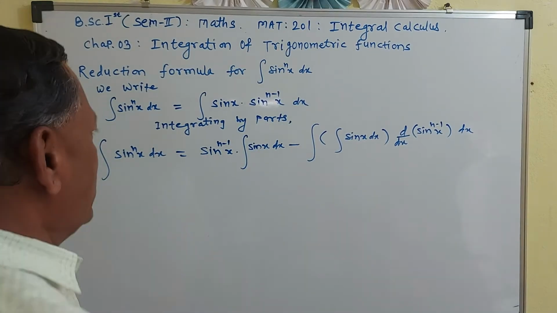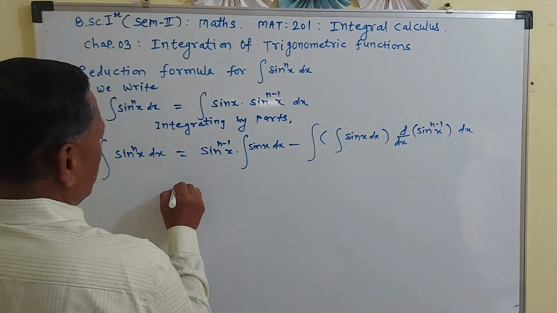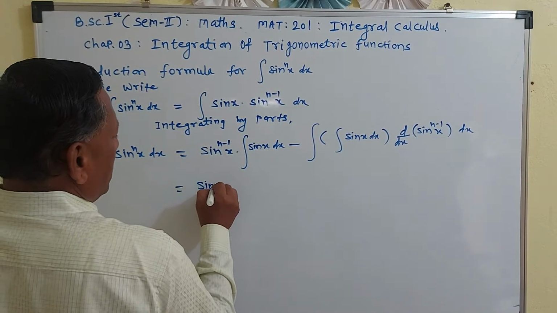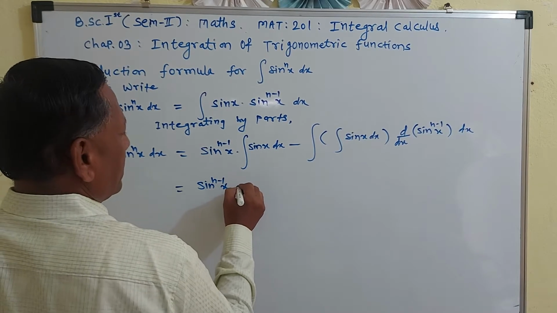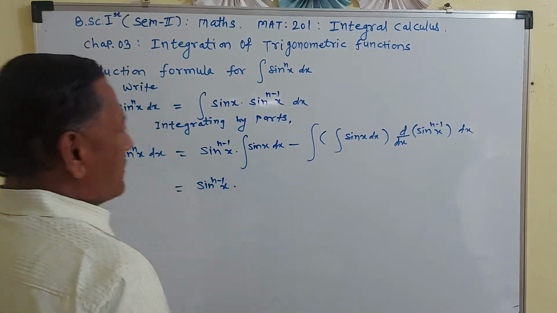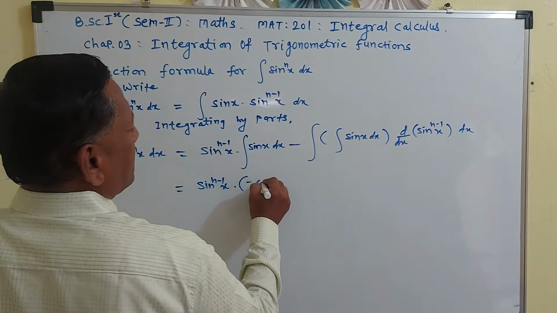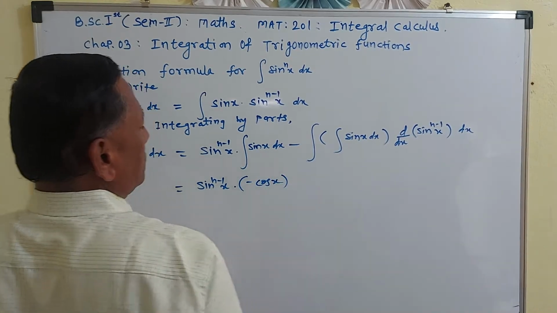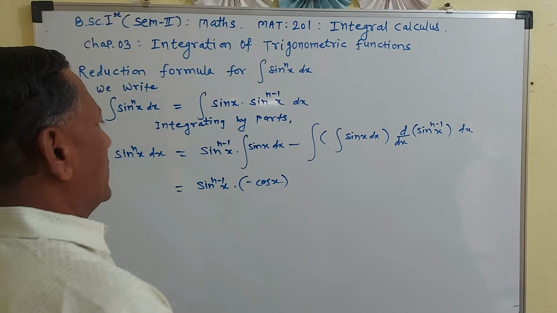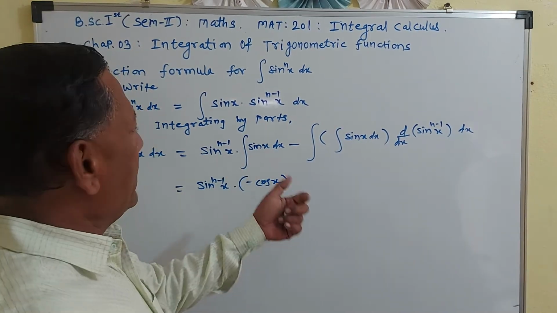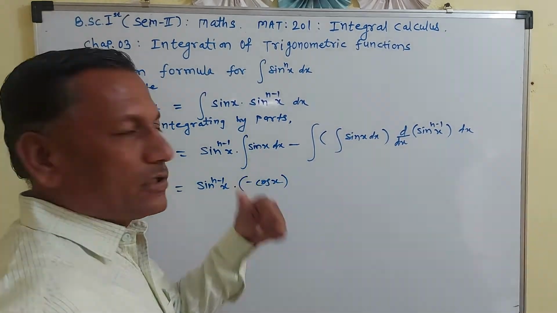Then you simplify or solve this. So is equal to sin raised to n minus 1 x into, so you know the integration of sin x is minus cos x. Derivative of sin x is cos x. Integration of sin x is minus cos x.